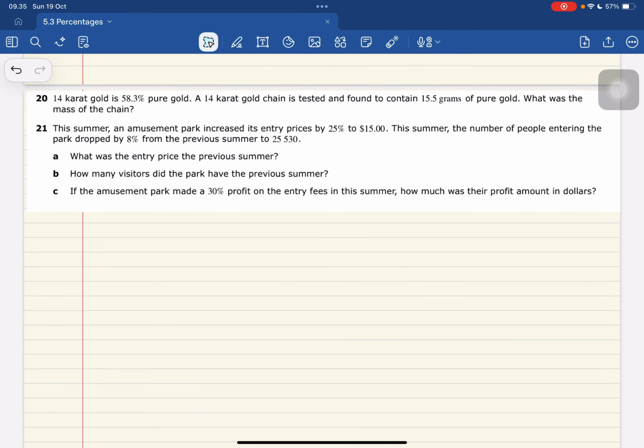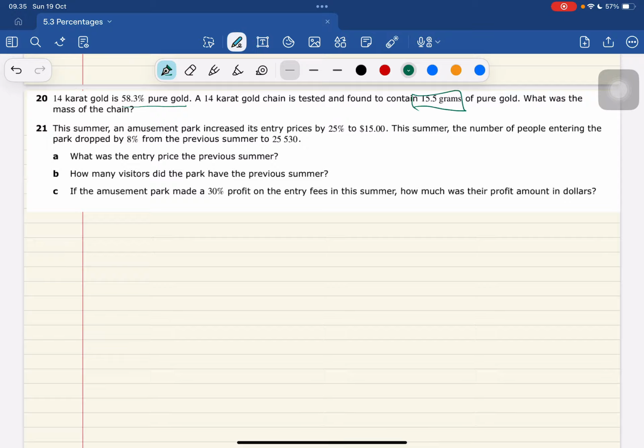So 14 karat gold is 58.3% pure gold. Okay, the chain is tested and found to contain 15.5 grams of pure gold. What was the mass of the chain? So if this is pure gold, we can make it 100% minus 58.3%.